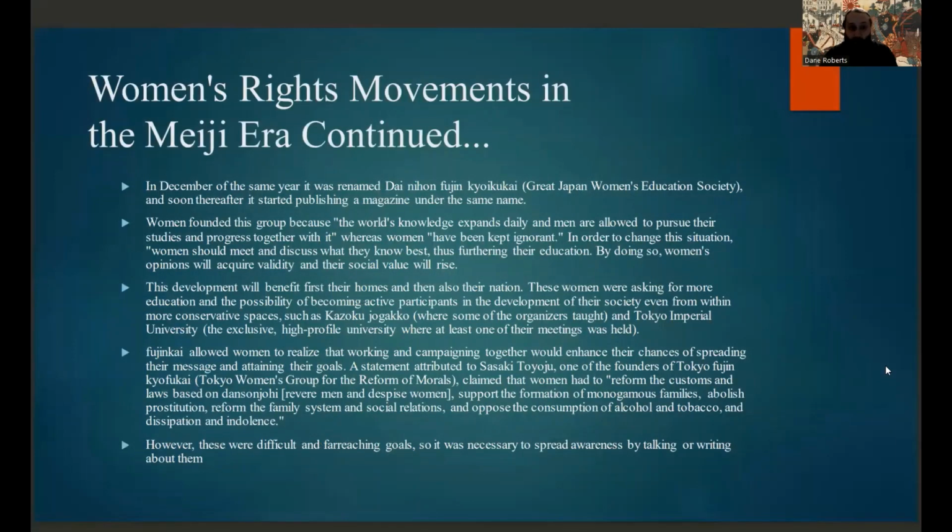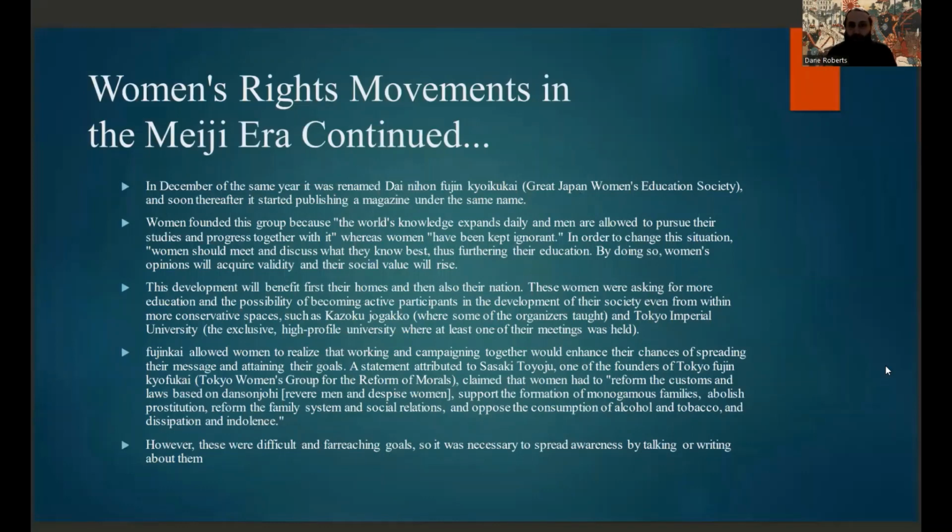Though in December it would be named the Great Japan Women's Education Society, women founded the group because the world's knowledge expands daily and men are allowed to pursue studies and progress together with it, whereas women have been kept ignorant, i.e. women were not allowed to get an education.